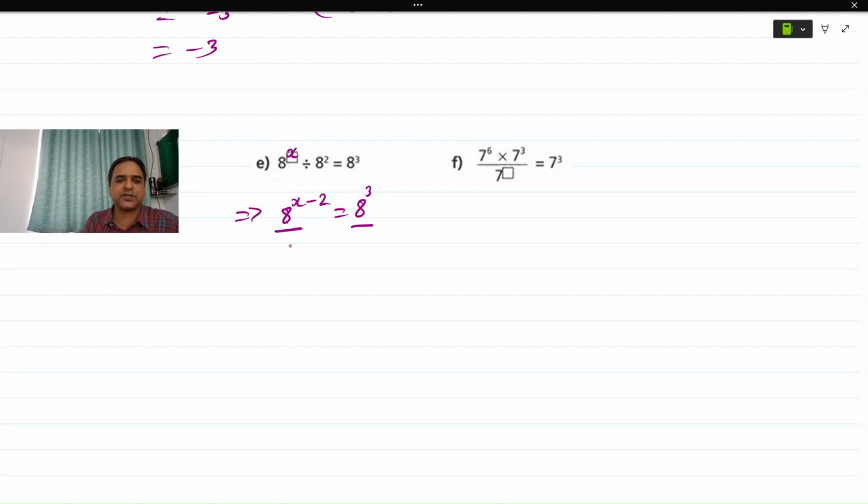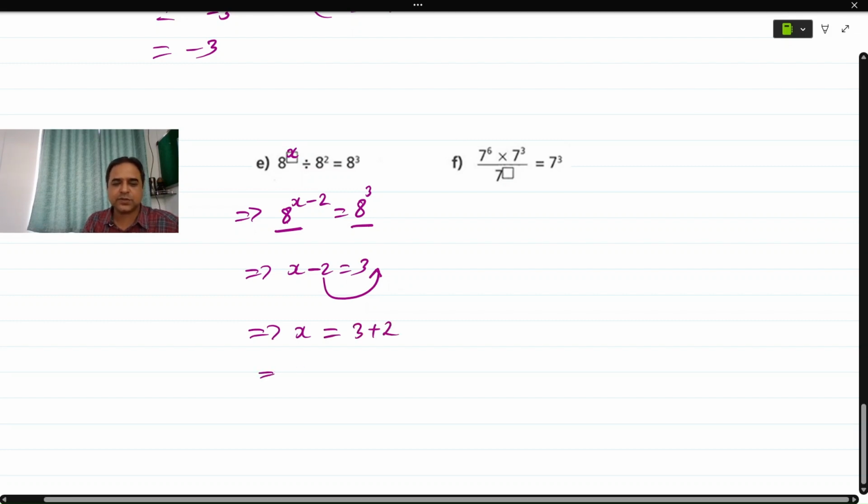So in this case you will take x minus 2 is equal to 3. Now this minus 2, when it goes to that side of the equal sign, will become positive. So you will be able to write x is equal to 3 plus 2. So your final answer x is 5. So in place of this box you can definitely write 5.